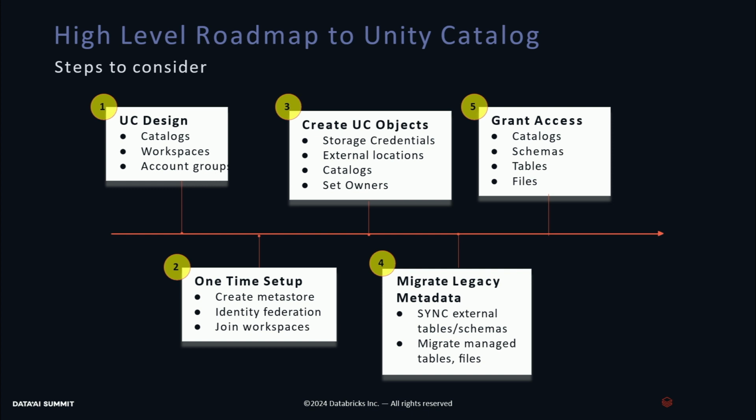For example, if we have an account in which all our account groups are already created in Active Directory, how do we plan to migrate these account groups from Active Directory to Unity Catalog? Then defining the main administrative roles that would be required.